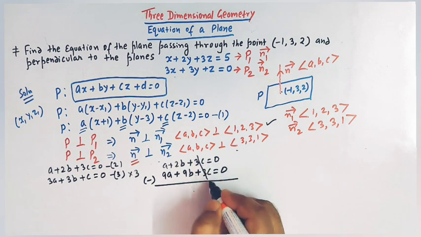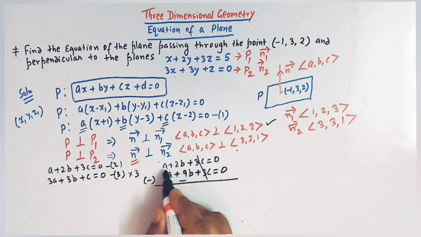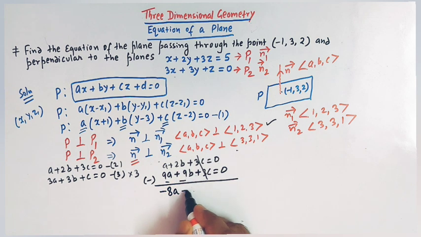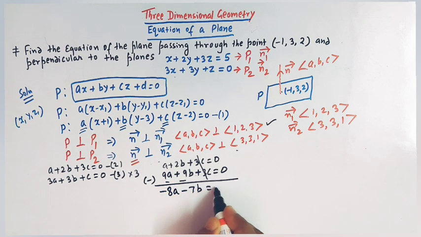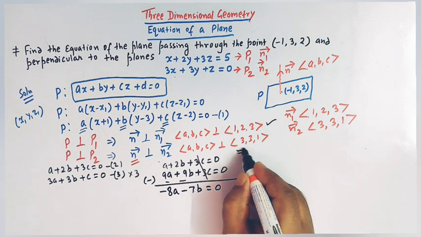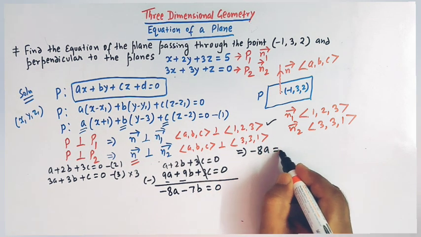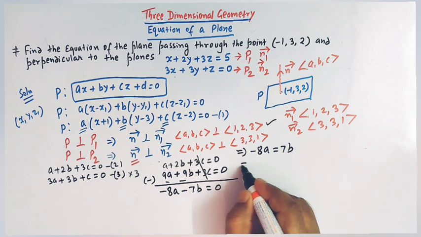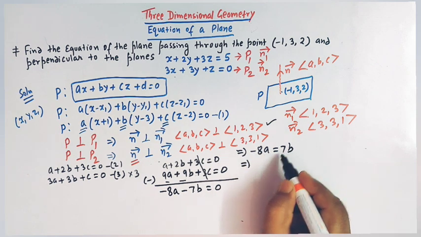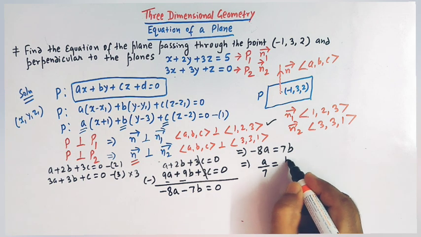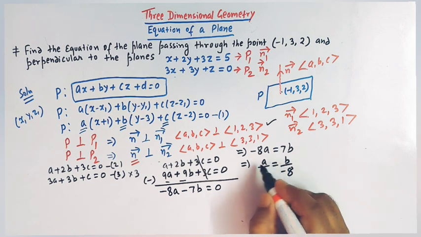So 3c and 3c get cancelled, so we have a minus 9a is minus 8a, and here we have minus 7b is equal to 0. So now we can write minus 8a is equal to 7b, and we can also write this equation as a over 7 is equal to b over minus 8, right?